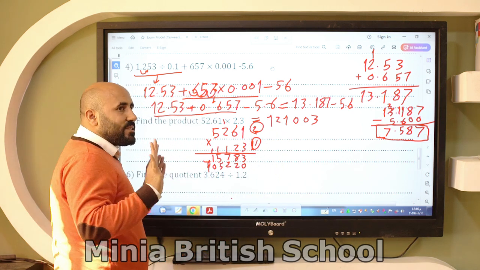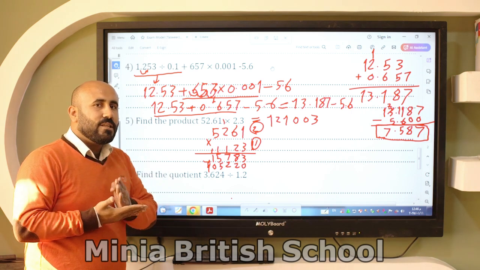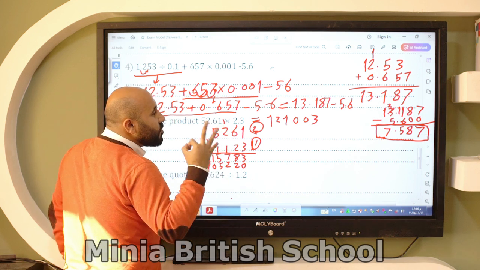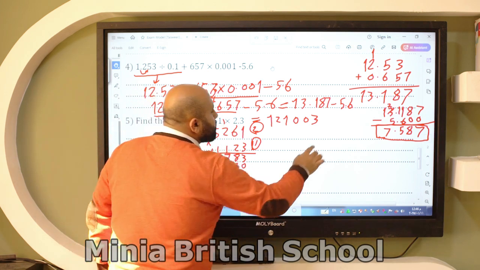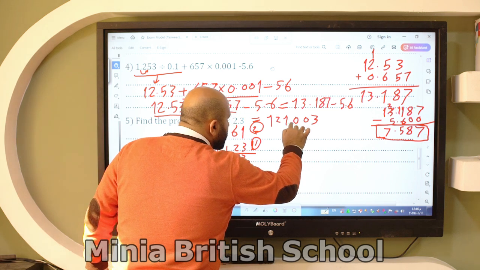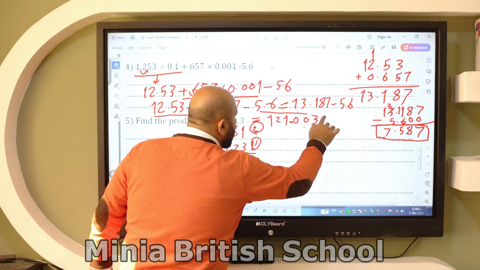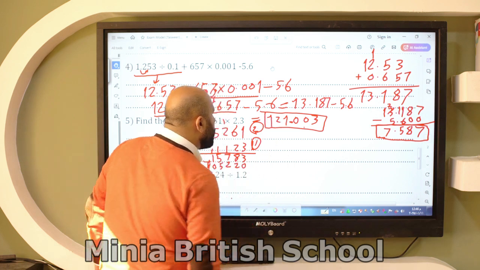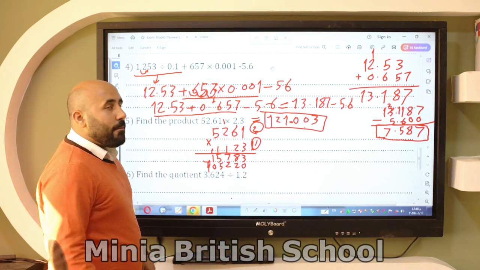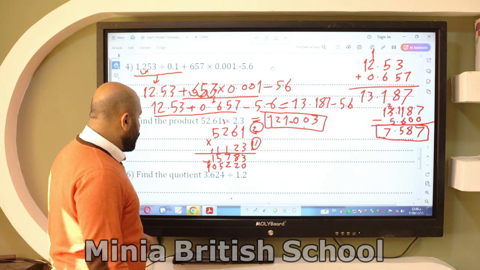But wait a second, I didn't place the decimal point. Let's add 2 plus 1, 3. So the decimal point after 3 steps, let's count it from right to left. 1, 2, 3. So the decimal point will be right there. So the final product will be 121 and 3 thousandths. Okay, I'm hopeful that you got it. Let's get to the next one.